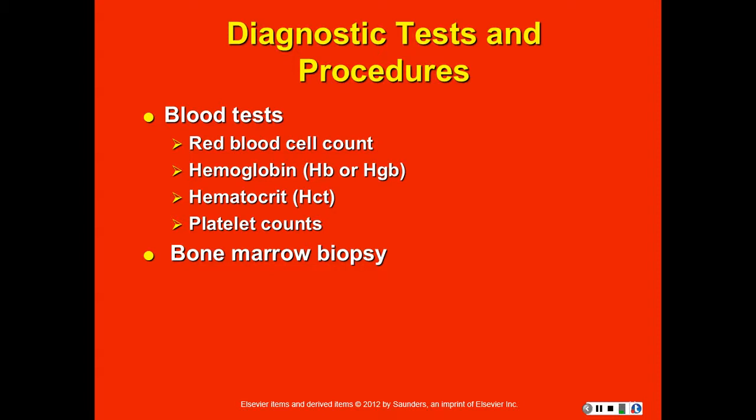And you're not comparing a female to a male. I'm just telling you they run a little bit lower. You're comparing that female's levels to what the norms are for that lab. Okay? So hemoglobin and hematocrit will run a little lower in your females than it does in males.